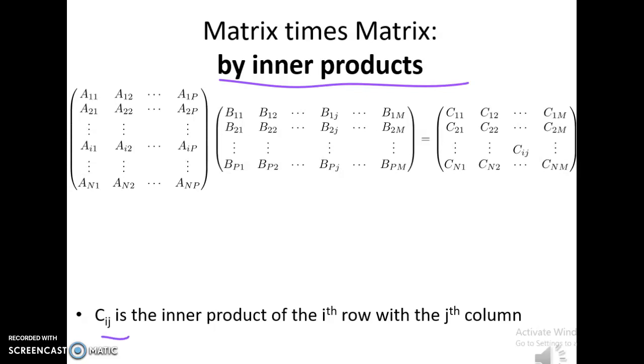Cij is the inner product of the ith row and the jth column. This is the ith row.